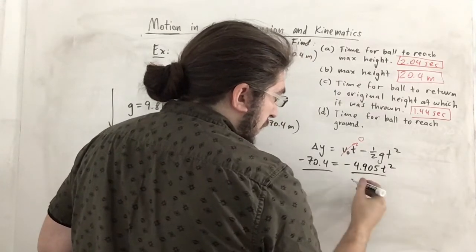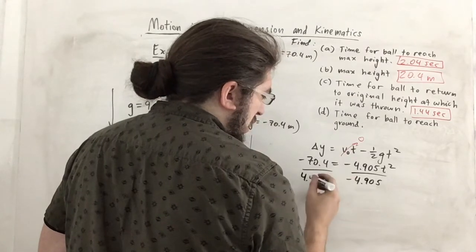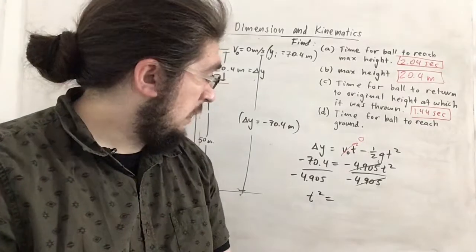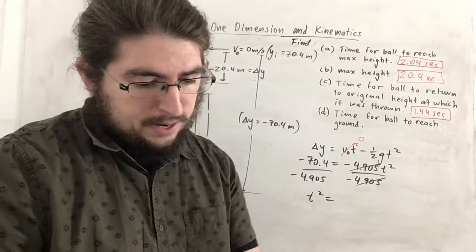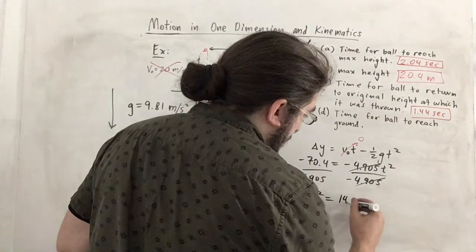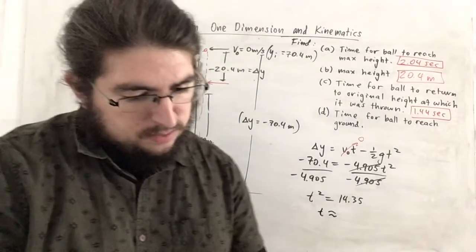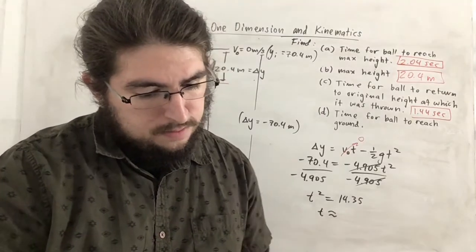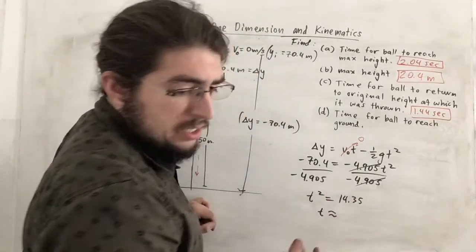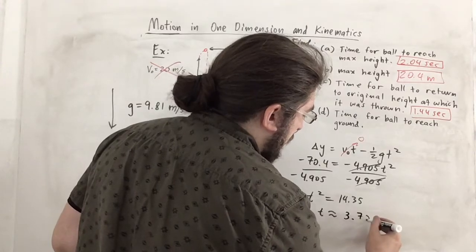So then dividing both sides by negative 4.905 gives us t squared is equal to 70.4 divided by 4.905, that's about 14.35. Then square rooting this, we get that t is finally 3.788. In fact, let's round it to 3.78.